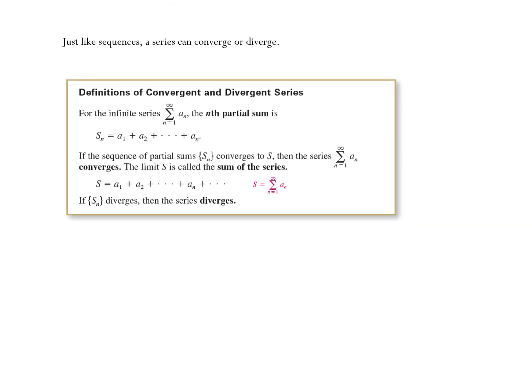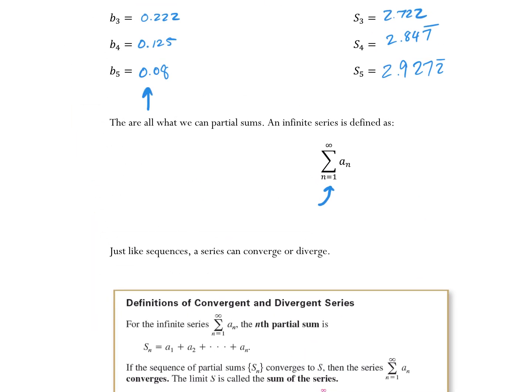So, the rule for converging is the same in the sense that the limit as you go to infinity exists. But now it's not the limit of these numbers converging, it's the limit of these ones converging, where we're continually adding on, but they still equal a number. Is everybody with me so far?